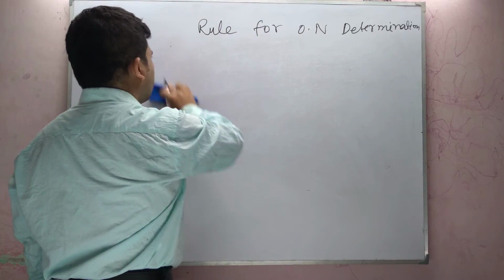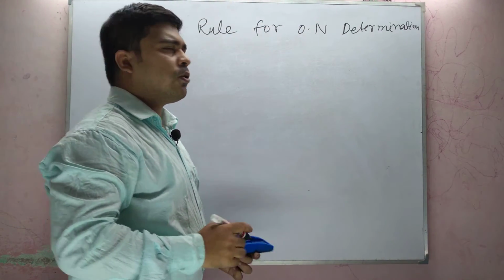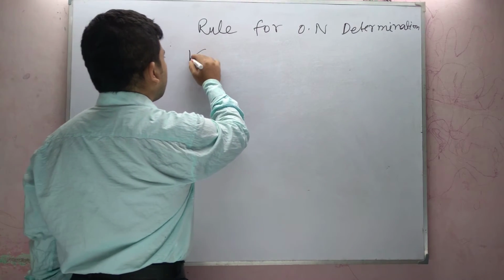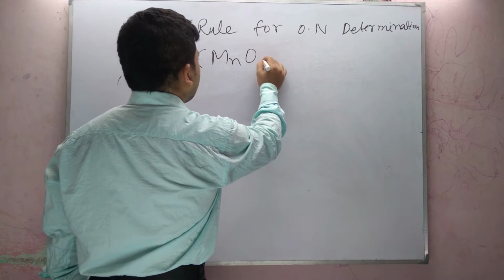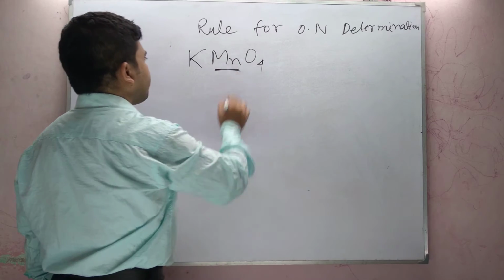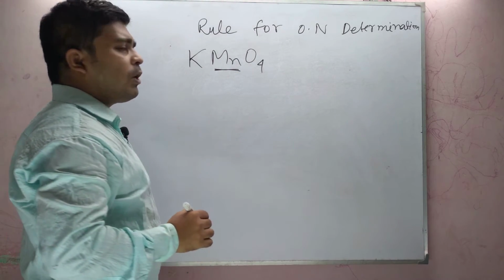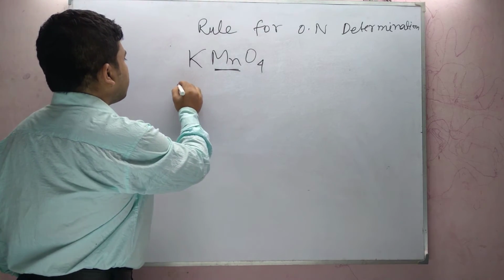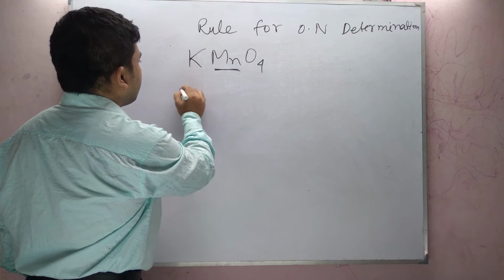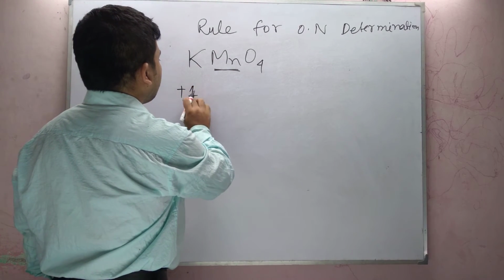Now we take some examples of how to calculate oxidation number. For example, KMnO4. We have to calculate the oxidation number of Mn. Potassium is an alkali metal, so its oxidation number is +1.